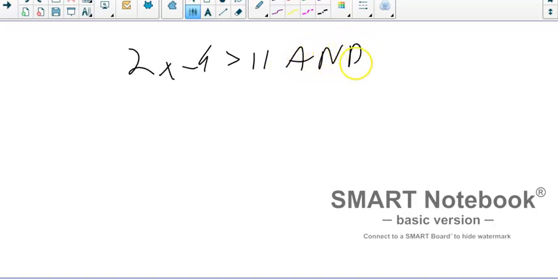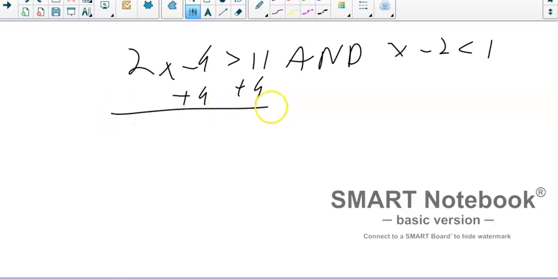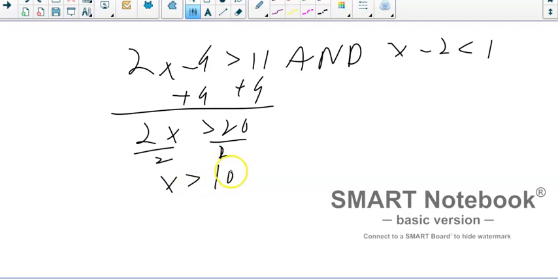And then along the same lines, similar to that, we're going to do this. 2x - 9 greater than 11 and x - 2 less than 1. So I'm going to do these separately again, just like I did before. 2x is greater than 20, which means x is greater than 10.